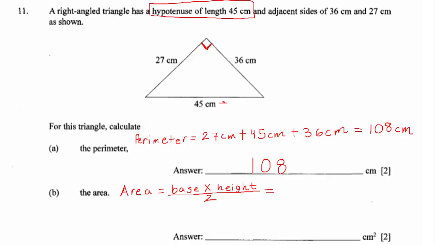We don't need that. When we start doing trigonometry, then you'll be dealing with the hypotenuse, but you don't need it for the area. The only things we need are the base and the height.